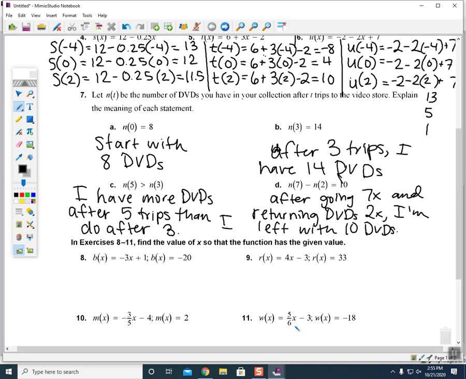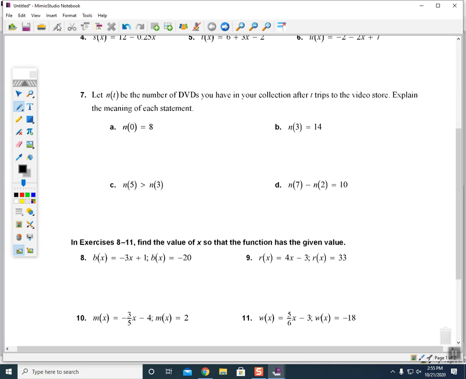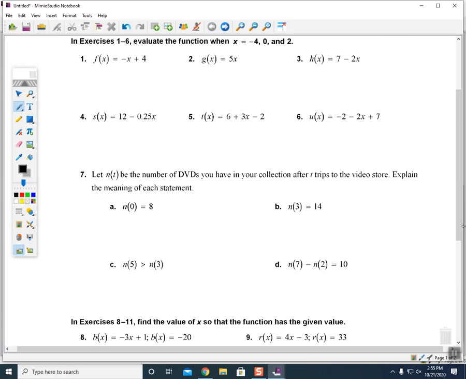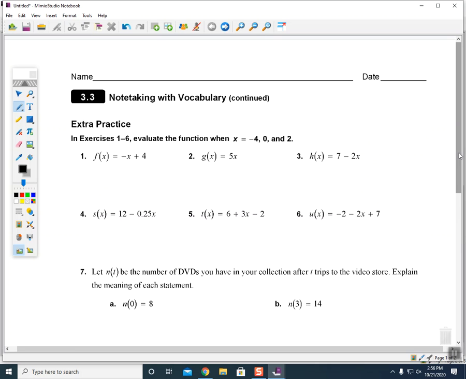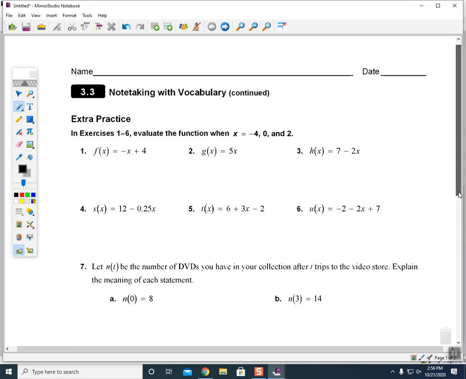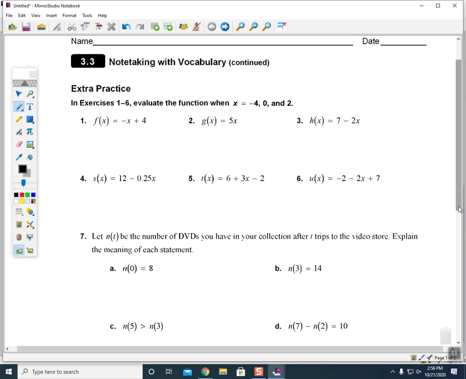All right, we're going to do some practice with this. Let me clear this up here. All right, so this first part, I need to evaluate each of these when x equals -4, 0, and 2. So I'm going to evaluate them 3 different times.